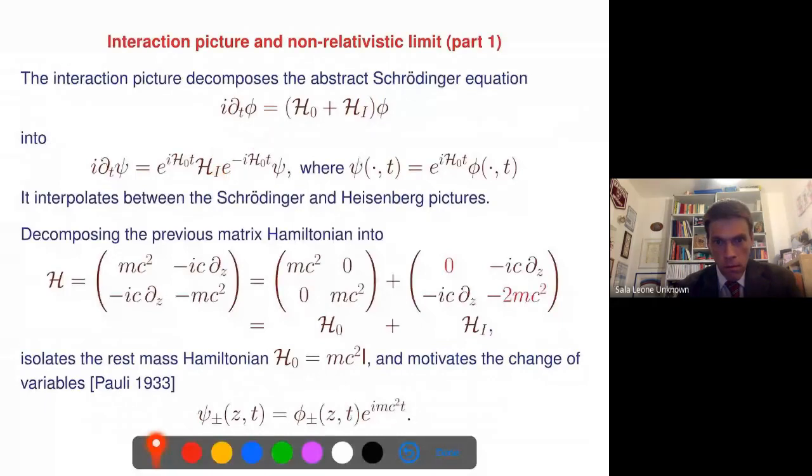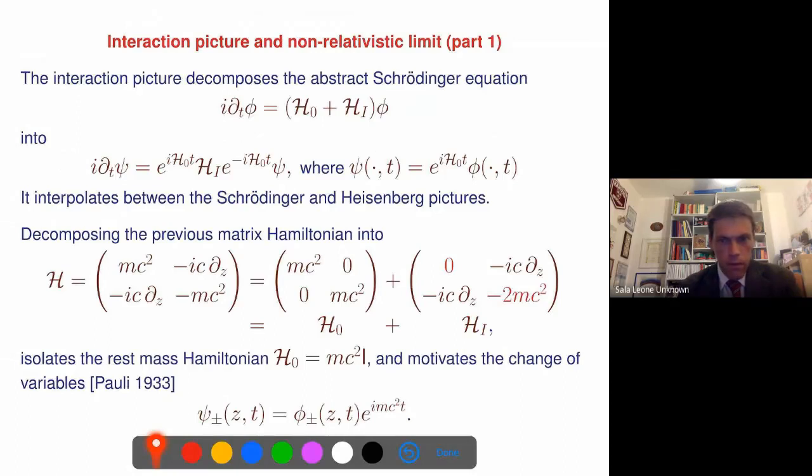Then we get this new thing where we've only got the interaction H doing evolution, and the phi we started with has been replaced by a psi defined like this. Now, if I made the whole Hamiltonian H0, I would transform from the Schrödinger to the Heisenberg picture.